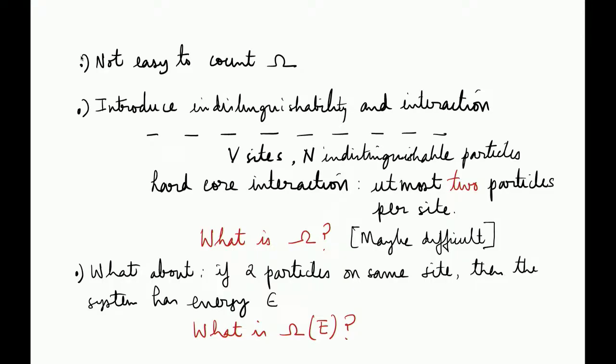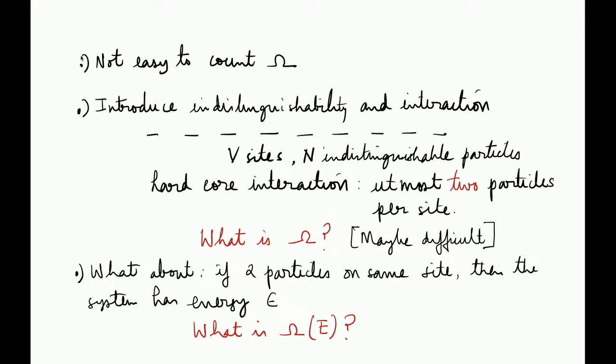So there is a configuration. Let me draw some configurations. One of them is like this, there are 3 particles, 1, 2, 3. In another one, it is like this. And the third one, let's say it is like that.